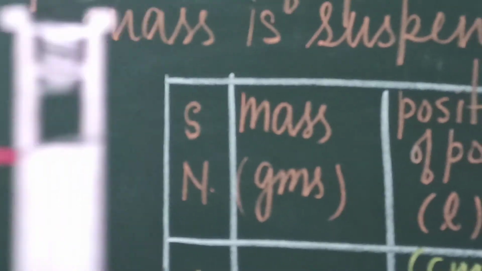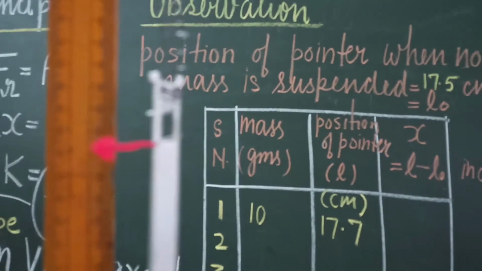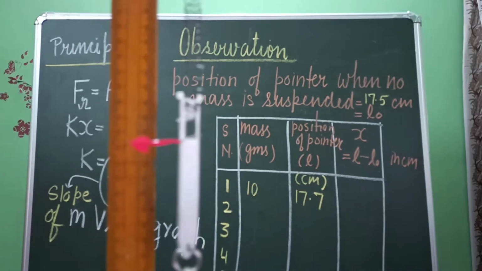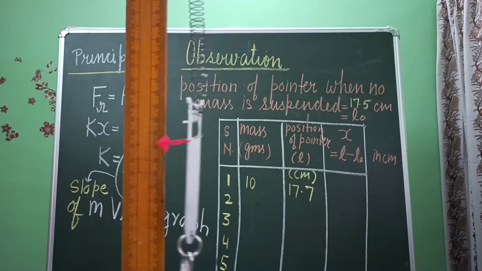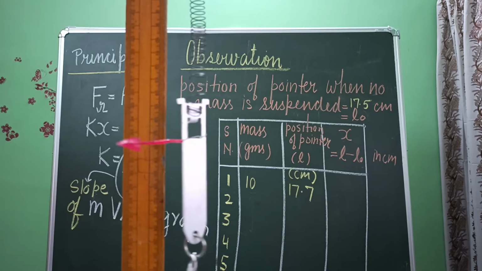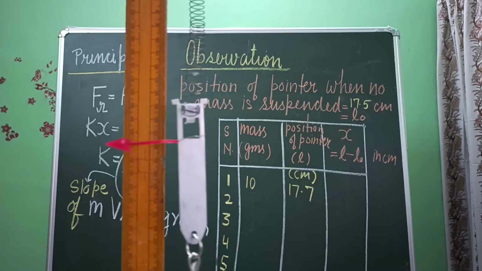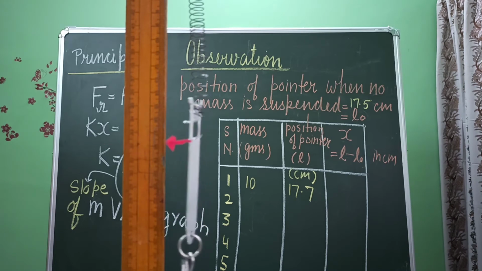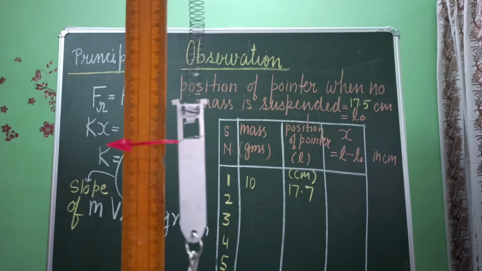Let me focus again on the observation table. Can you see it now? So note down the reading: 10 grams and 17.7 centimeter. And now we are going to suspend a 20 gram mass.